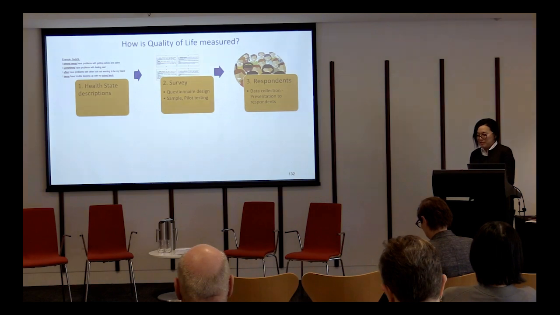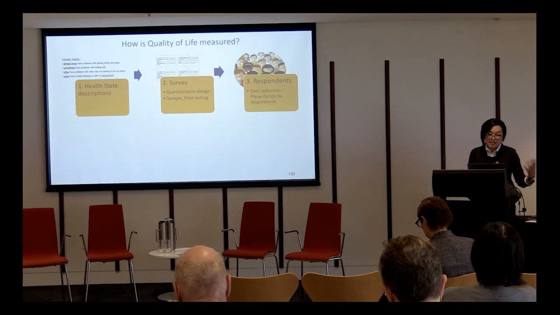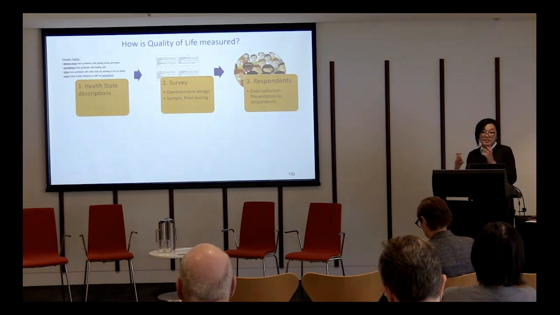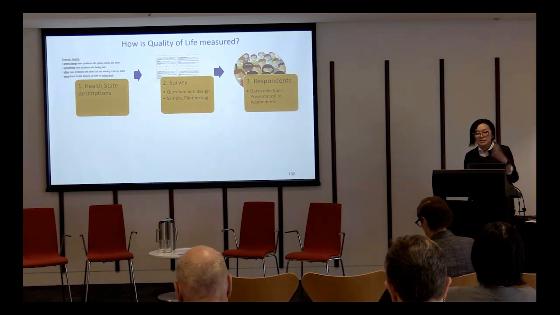When we go about measuring this type of quality of life, the first thing we need is a way to describe the health state of a child or person. In our case, the PET score would be a contender for that. Then we develop a survey, a questionnaire, with some preference-based methodology that helps us elicit preferences for these health state descriptions, and then we go out to respondents.